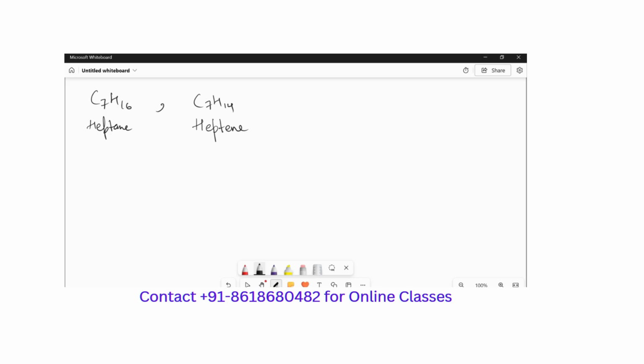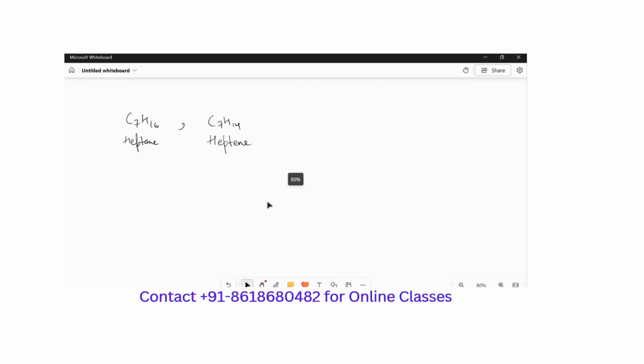Now, the next one is how you will name on the basis of branching. You know that compounds generally are not found in a straight chain. So how are you going to name them? Let's suppose I take an example. If I take an example here, that is CH3, CH, CH2, and then you have CH2, CH3.